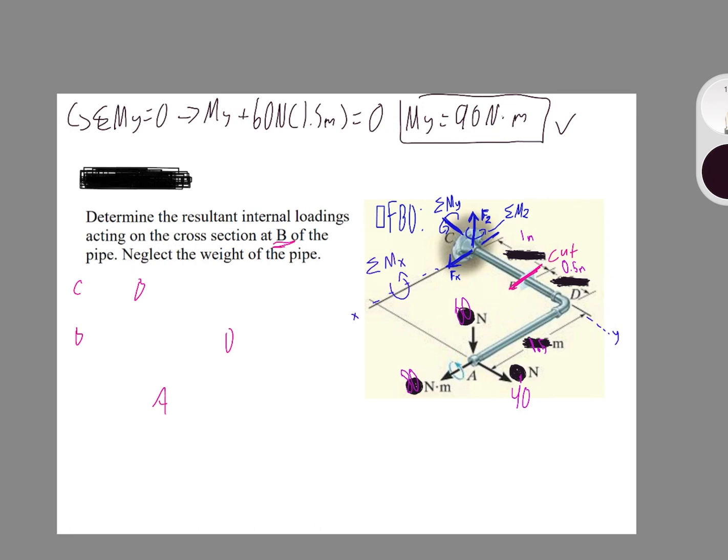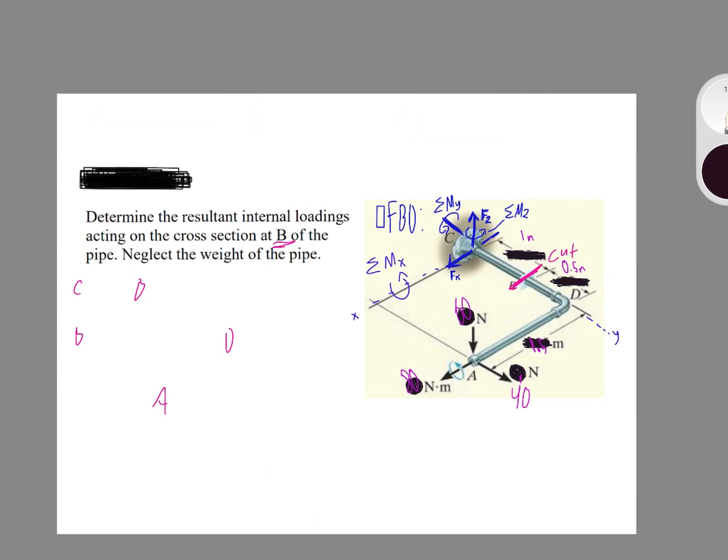Let's take for our final answer the moment about Z. I'm actually going to define some things about these forces in a minute that I think you should know. Let's go around Mz. It's going to be 30, not 30, it's going to be 40 newtons times 1.5 meters equals 0.